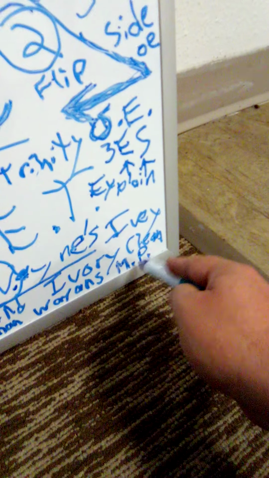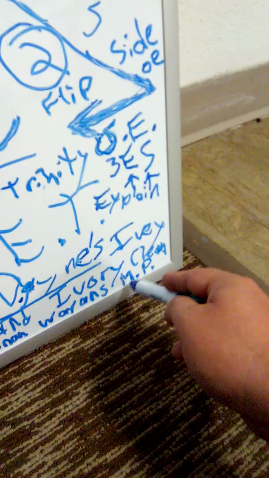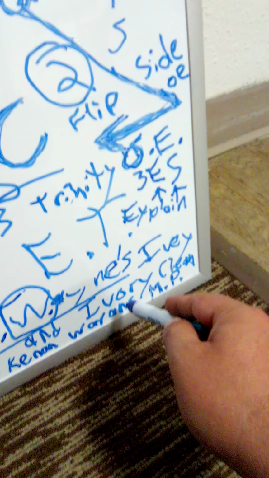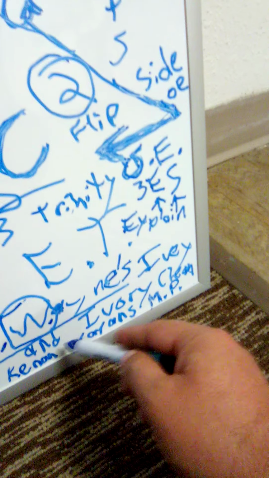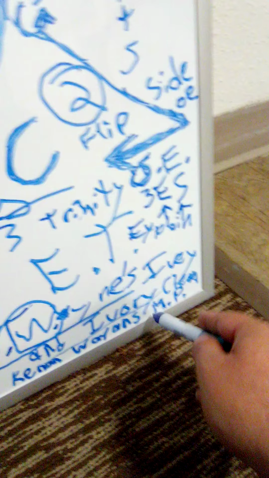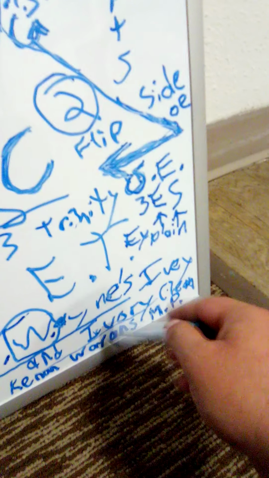Media police, military police, you know. My people, you know. So we said John Wayne Ivy and Ivory Clean. See, Keenan Wayans, and then, you know, Ivory Clean. You see it? Ivory Clean. Not racist. It's Keenan Wayans and Ivory Clean. See? And then we'll go Ivory Clean.